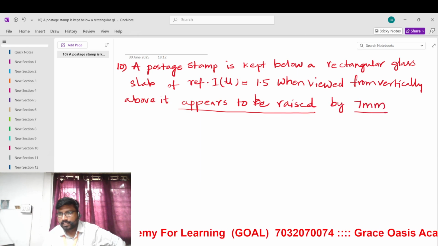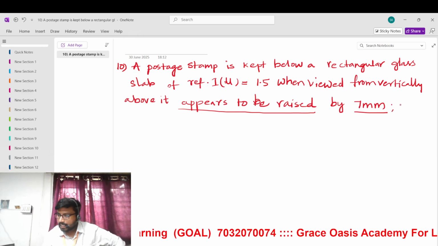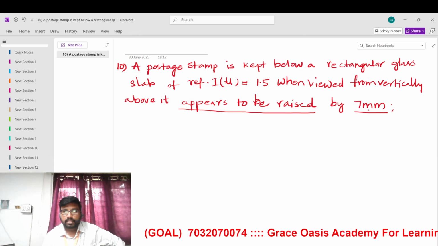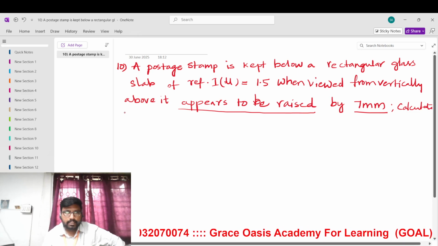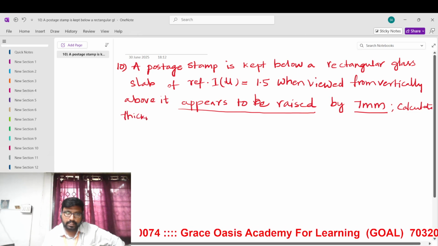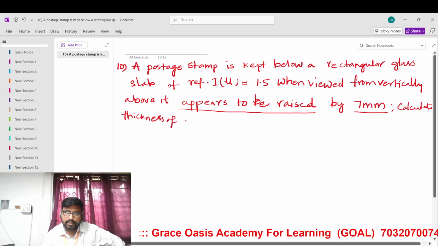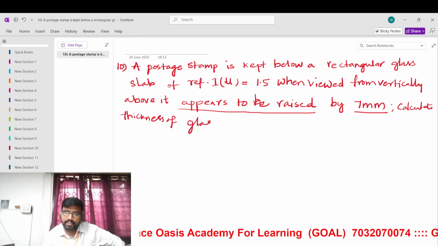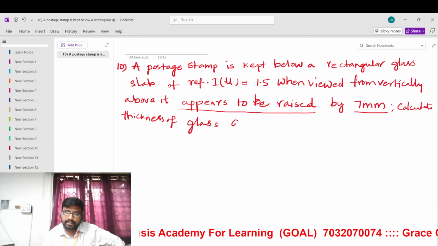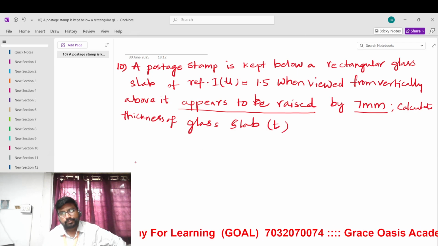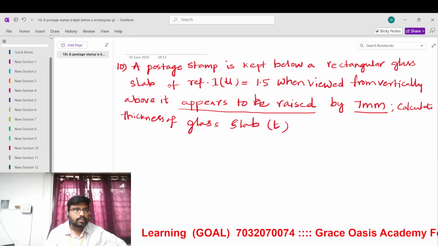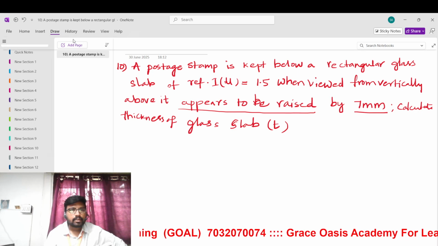So the shift is given. What are they asking? Calculate the thickness of the glass slab. The thickness of the glass slab is nothing but the real depth. Let us change the color.